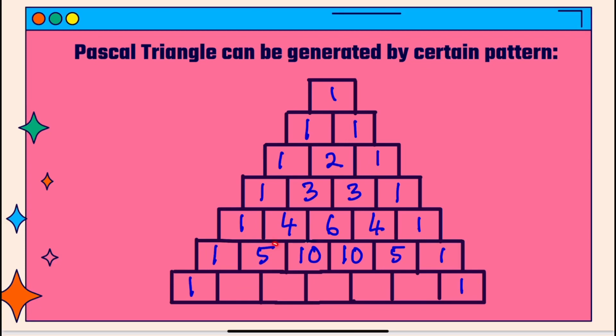Then, 1 plus 5 equals 6. 5 plus 10 equals 15. 10 plus 10 equals 20. 10 plus 5 equals 15. 5 plus 1 equals 6. So this is your Pascal triangle.